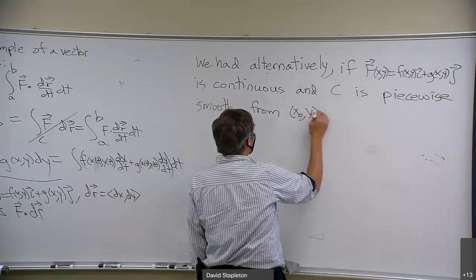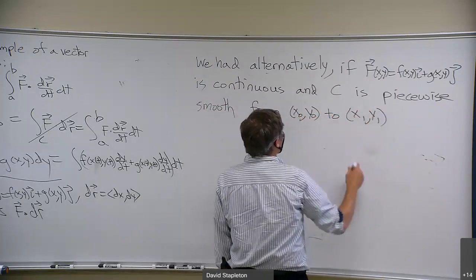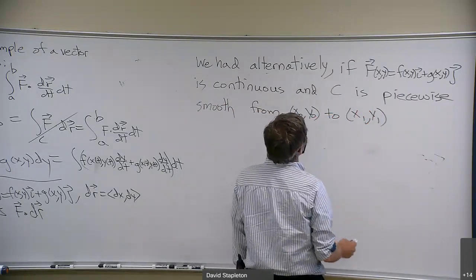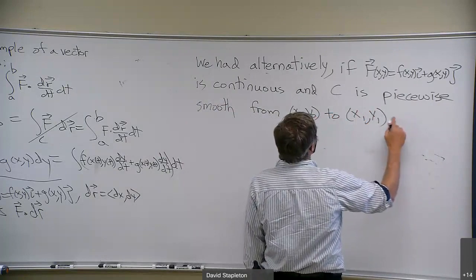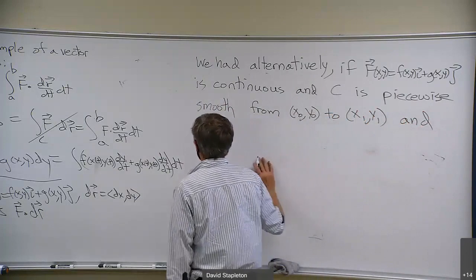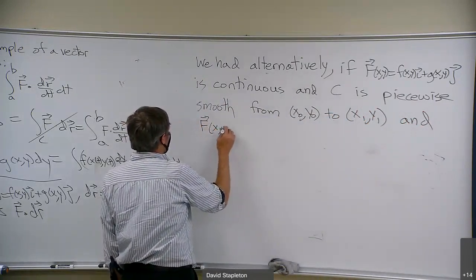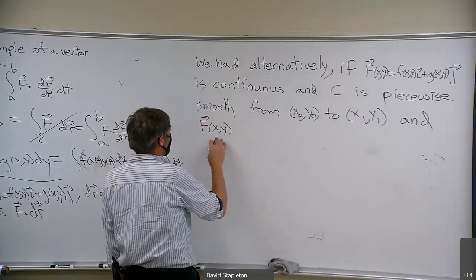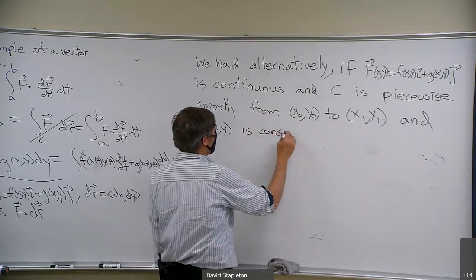From x0, y0 to x1, y1. And finally, F is conservative. This is the big one. What does it mean for a vector field to be conservative on an open region containing C?